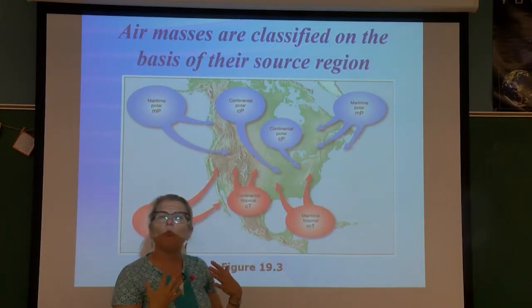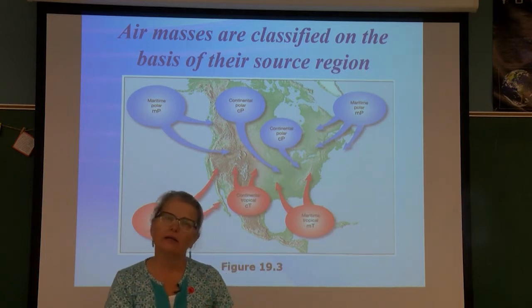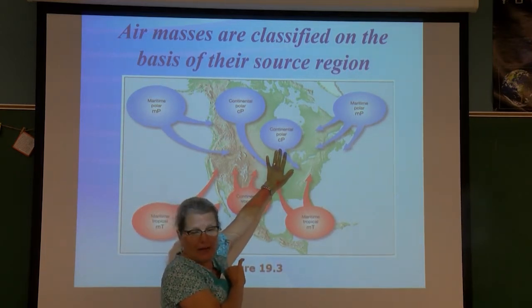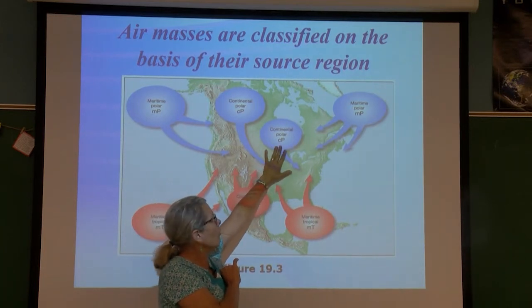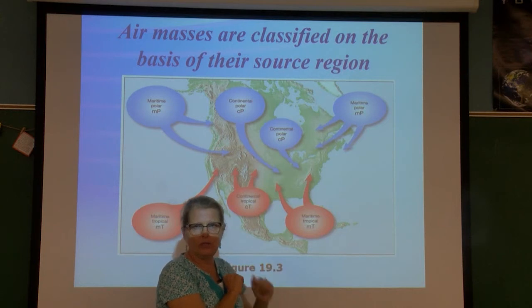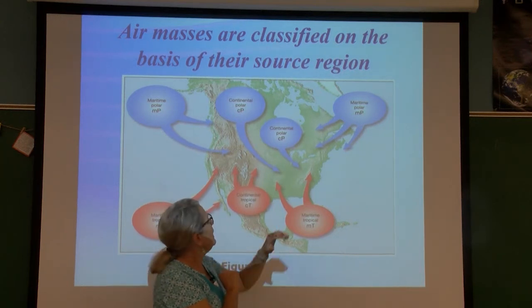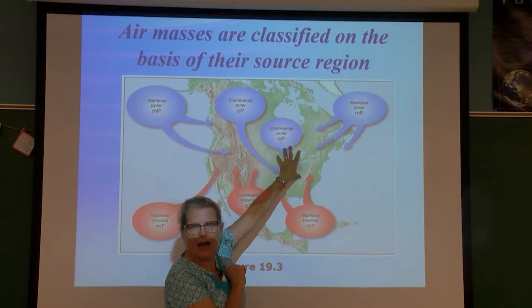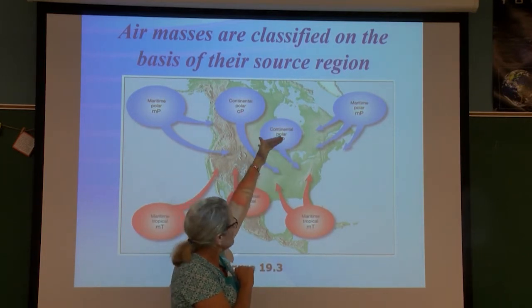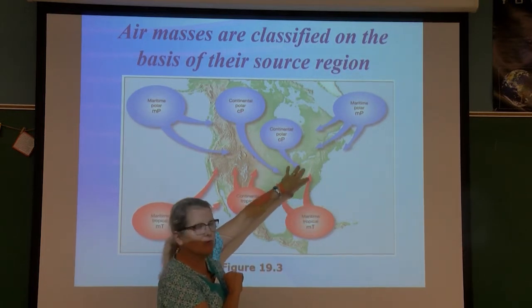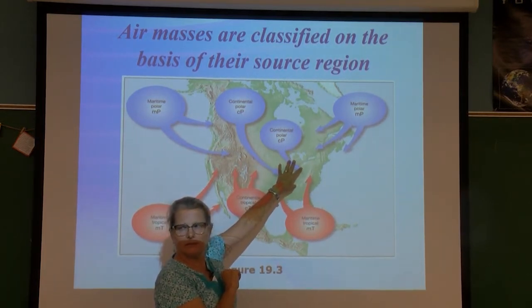And depending on which air mass is moving, if the orange Jell-O is moving, it's able to push that green Jell-O right out of the way. If this is moving, it's going to just sit on top. If this air is moving, we call it a cold front. And if this air is moving, we call it a warm front.